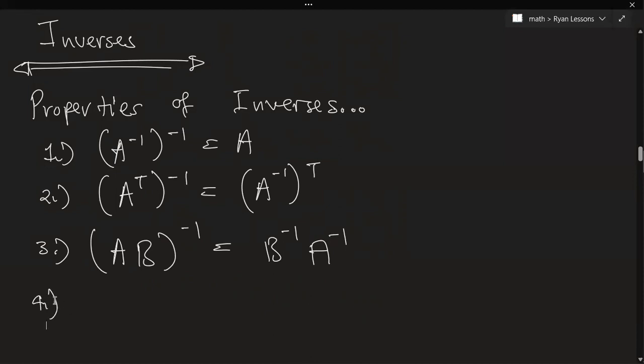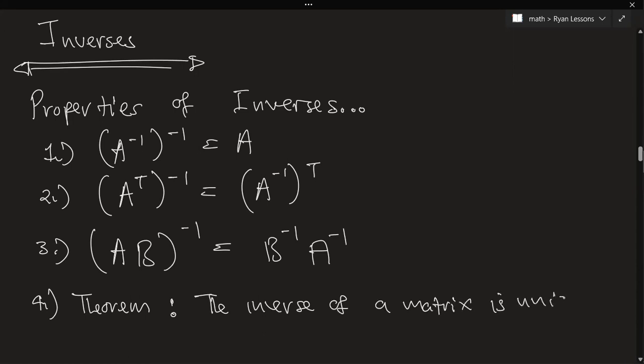So these are the properties that you have to know. And then 4 is a theorem, which is also important, which says that the inverse of a matrix is unique to that matrix.